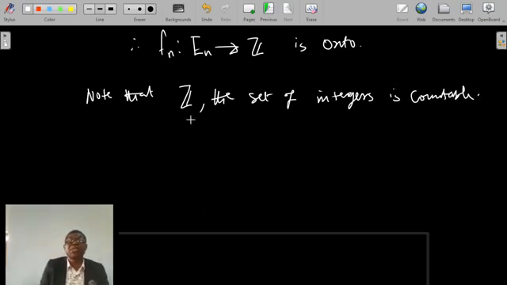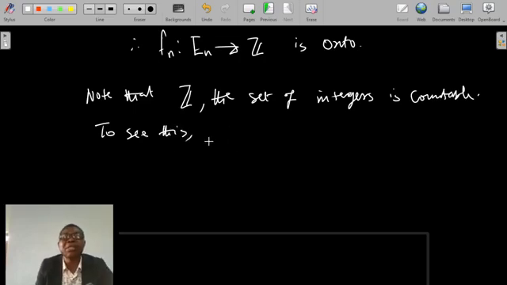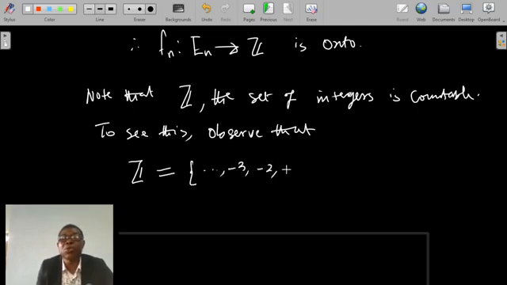To see this, I want us to observe that Z, as we know, is nothing but the set, say, -3, -2, -1, 0, 1, 2, 3, and so on.